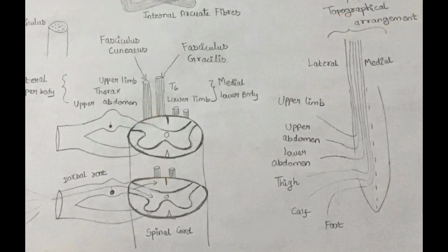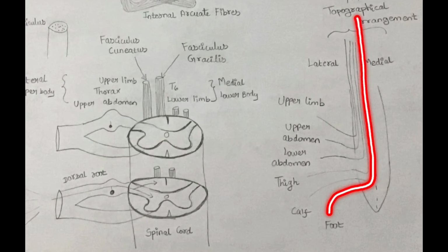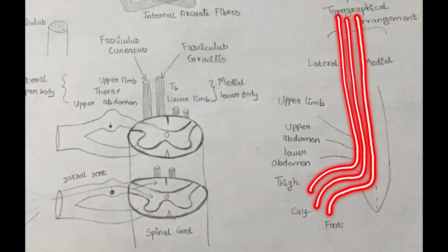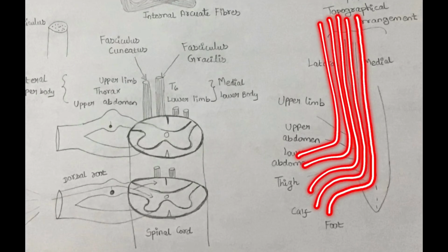I will explain this. For example, the sensory nerve fibers from the foot go medially to the central nervous system, and from the calf muscles it goes like this, and from the thigh it goes like this, and from the lower abdomen it goes like this, and from the upper abdomen, from the upper limb, from the head and neck.